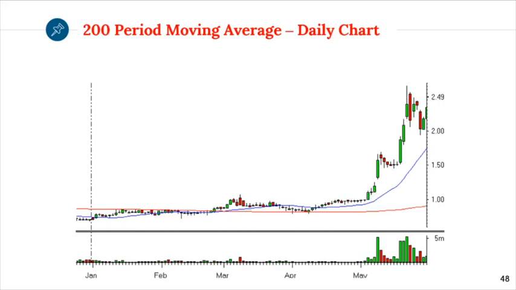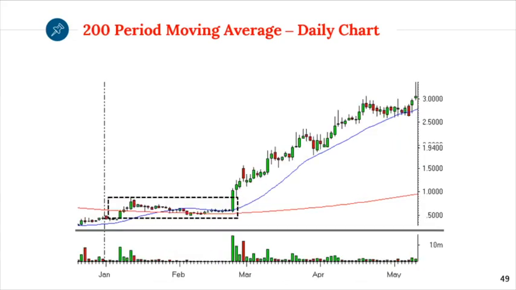So the point is that if you have stocks that are basing on the daily charts, in this case daily, weekly, monthly, but especially the daily, and they're basing right around the 200 period moving average, the 20 period moving average is going to be flat initially, but once it starts to curl, you want to look to take that breakout because those result in huge moves, really, really big moves. Okay, as you can see.